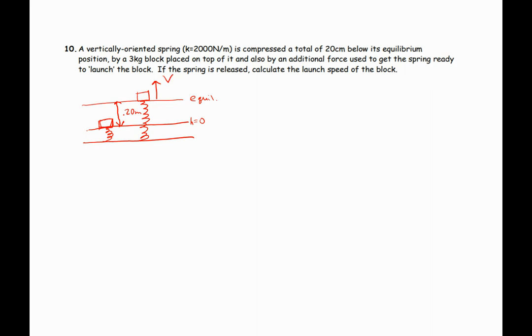So what do I do? Well, I need to look at what kinds of energy I have in the beginning. Do I have kinetic energy in the beginning? Do I have gravitational potential energy in the beginning? And do I have spring potential energy in the beginning? I don't have friction in this case.